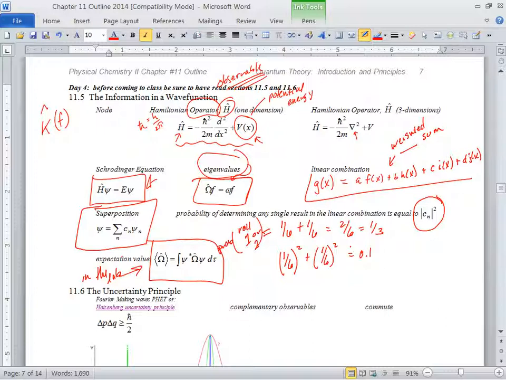So this would be h hat equals the integral, the wave function, h hat, the wave function again, d tau. And this operator is only operating on the wave function right here. We'll be playing around with that. But that's their idea. That's the language that we just need to get used to.